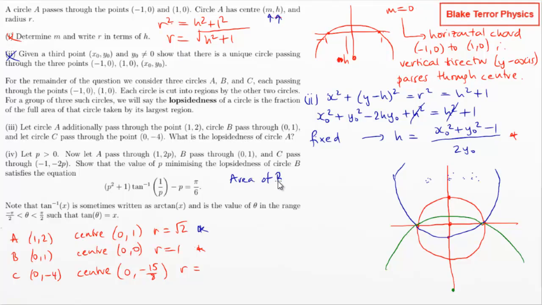Area of B in totality is, so pi r squared, so we've got 2 pi. Then what do we have to do? So we have to remove, oh wowzers, right, okay, so we've got a slightly annoying bit. We're going to have to split this up into lots of bits, aren't we?